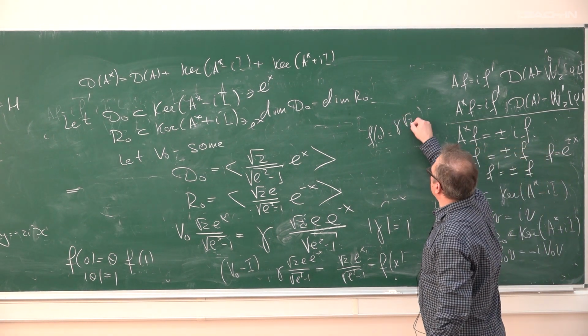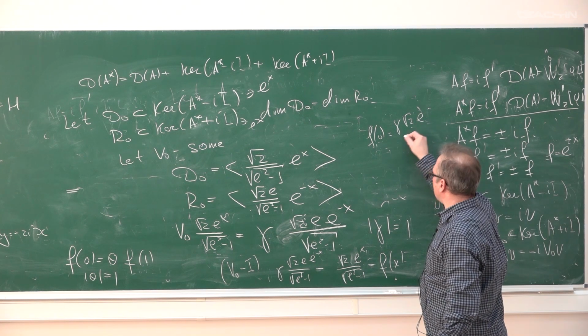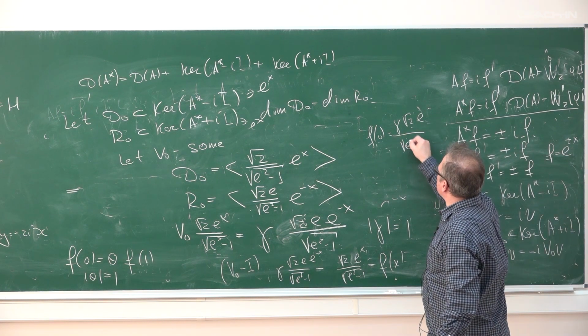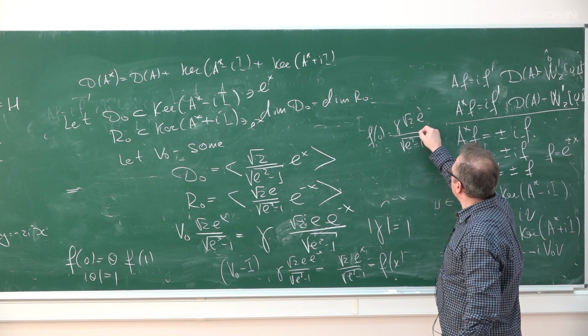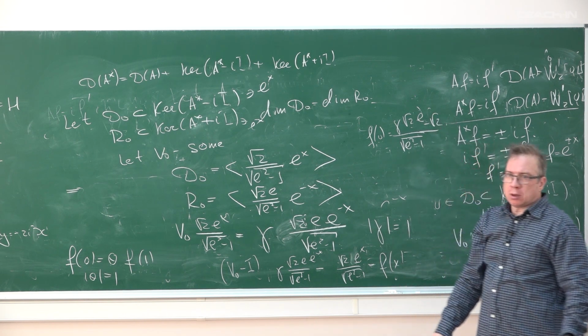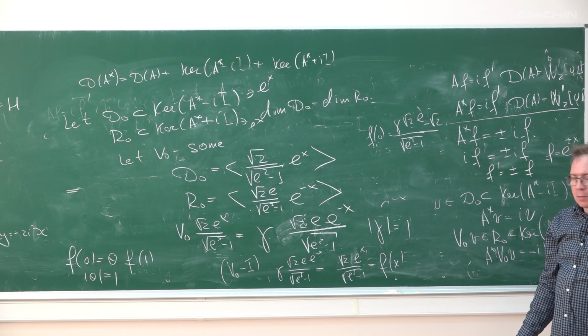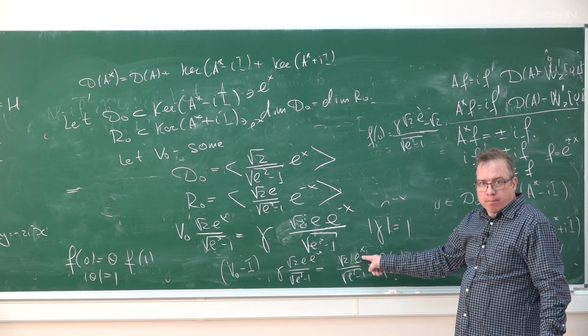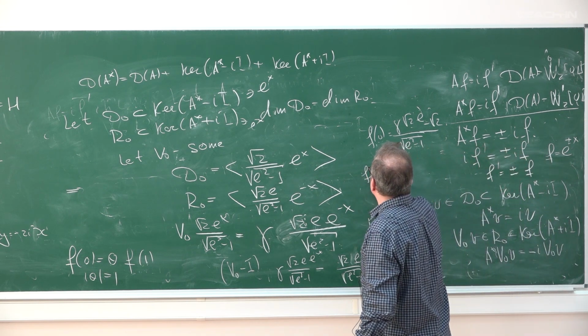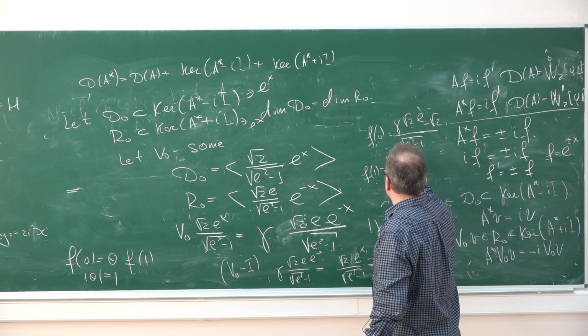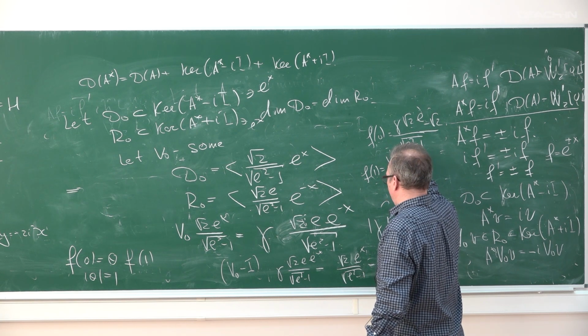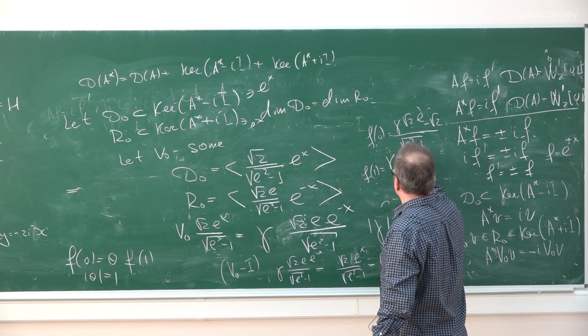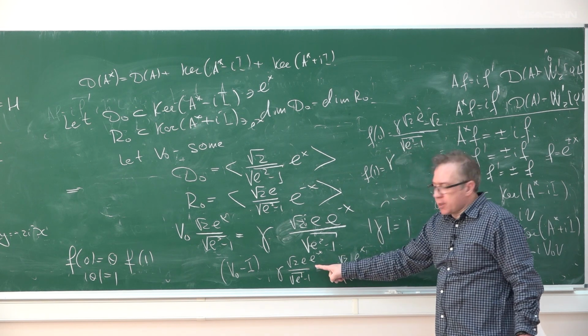Gamma square root 2e is e square minus minus square root 2. Yes, this. What you have f at 1 is gamma e1 minus this, this cancelled, you see.